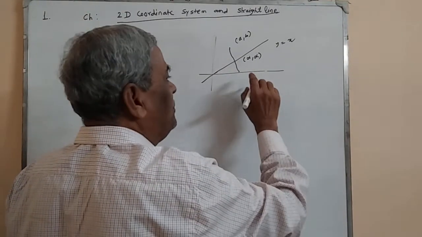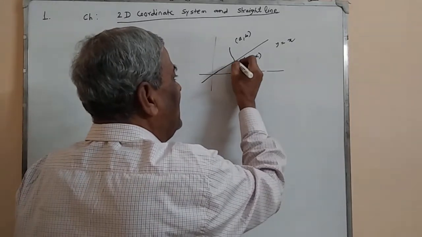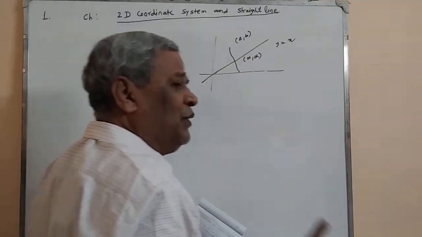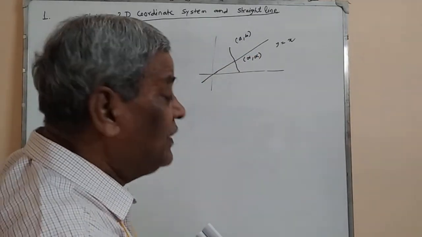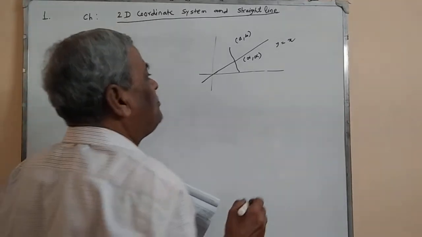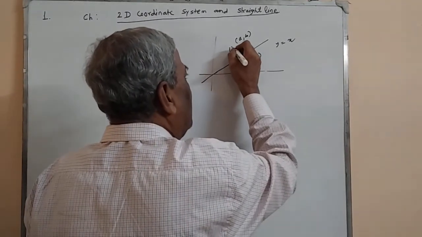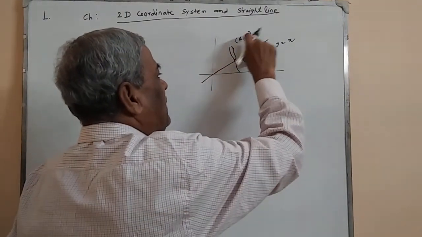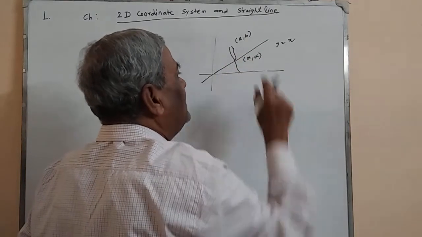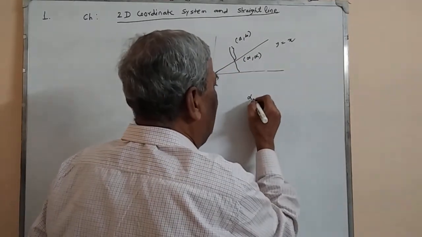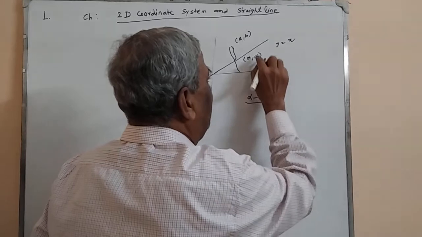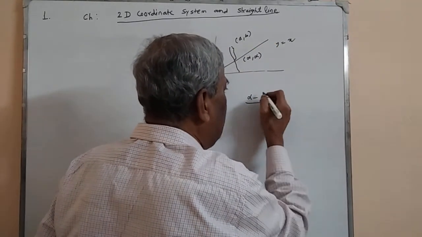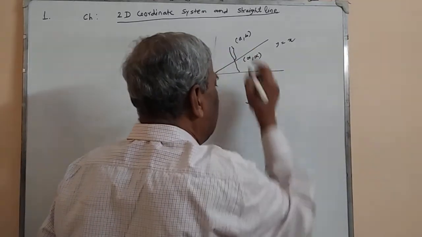For particular values of alpha, it will be the foot of the perpendicular drawn from this point to that line. First of all, we have to find this particular value of alpha. So the gradient of the straight line joining AB and alpha alpha is (alpha minus B) by (alpha minus A).